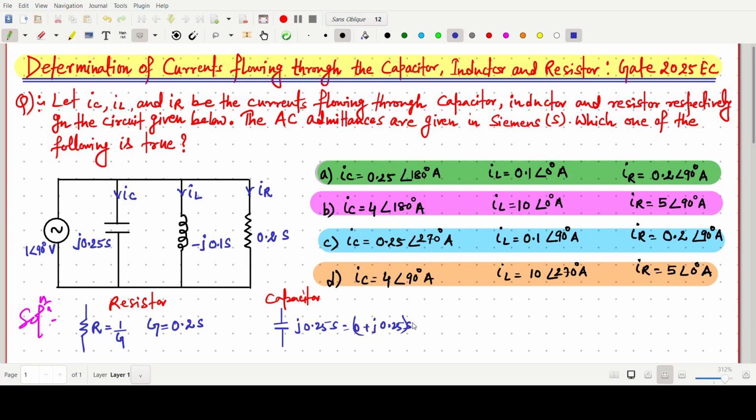So the Siemens unit is there. Here, this one is the Cartesian format. And for the inductor, this one is our inductor.